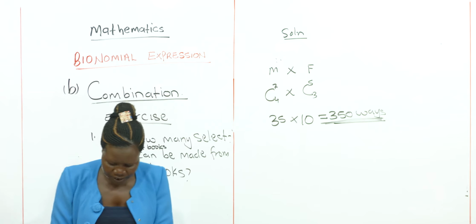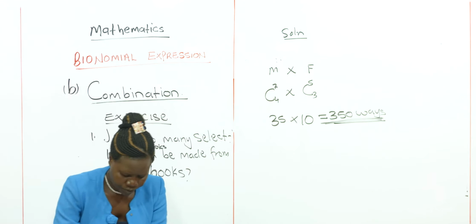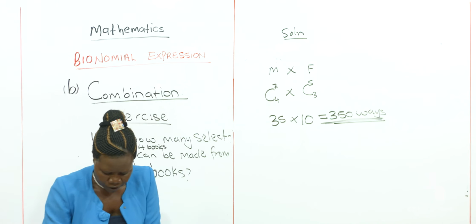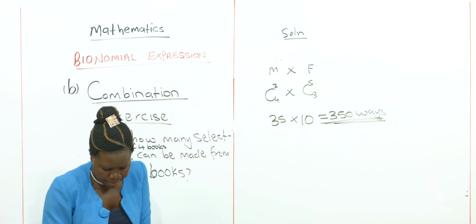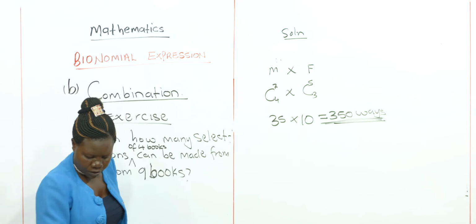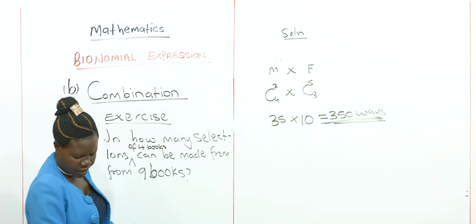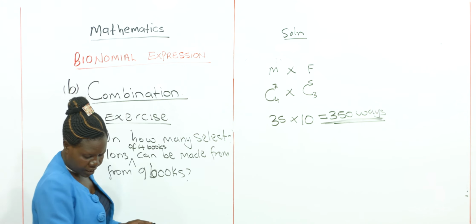Question number 2 says, in how many selections of 4 letters can be made from 6 letters?